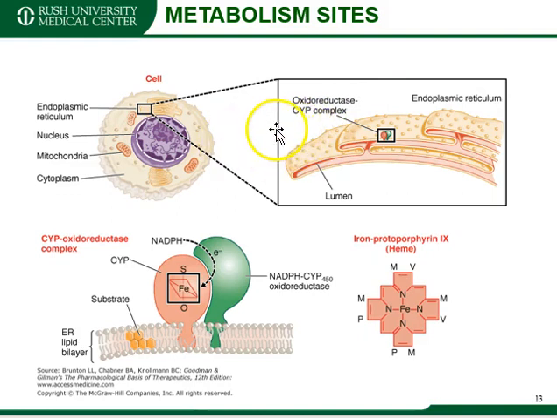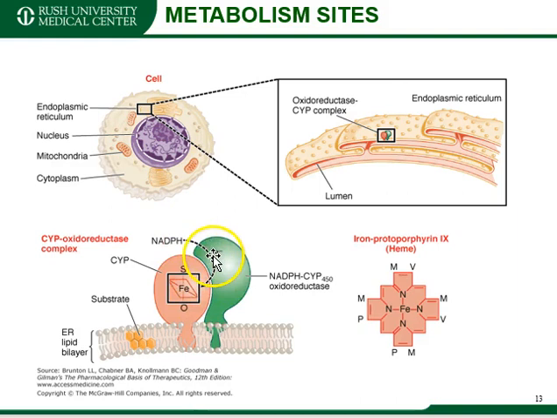Recall that these metabolic sites are basically within the hepatocyte. You can see within the endoplasmic reticular folds are these oxidoreductive CYP complexes, which are listed here and then blown up this way. They exist as a complex where you can see the CYP enzyme and some energy transfers.